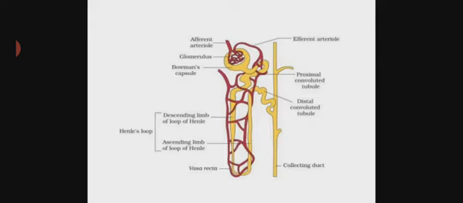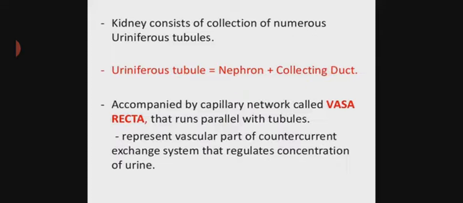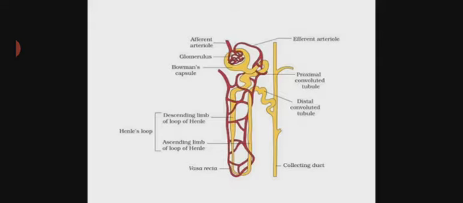And this Bowman's capsule continues as a fine tubular structure called proximal convoluted tubule. And that proximal convoluted tubule later continues as the Henle's loop. As you observe here, this is the Henle's loop, which has three divisions: a descending limb, an ascending limb, and a thin segment at the base of the Henle's loop.